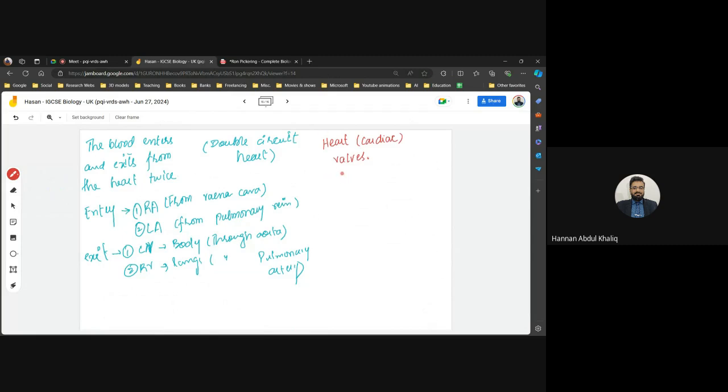There are two types of valves. One type is called atrioventricular valves. Atrioventricular. What do you suppose by this name? What kind of valves are these?